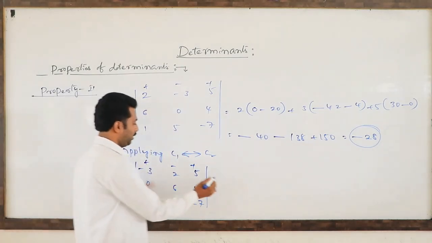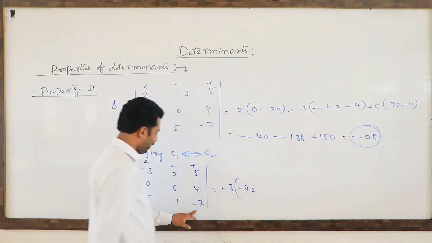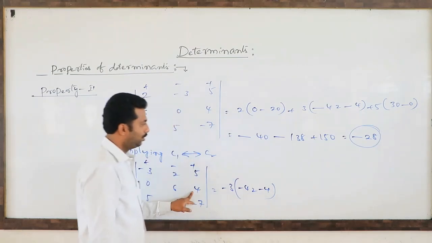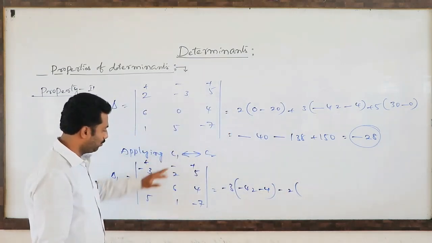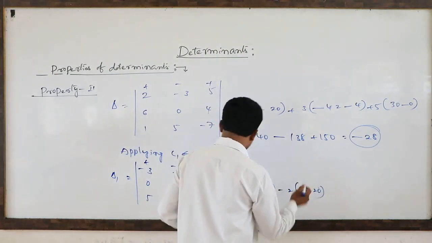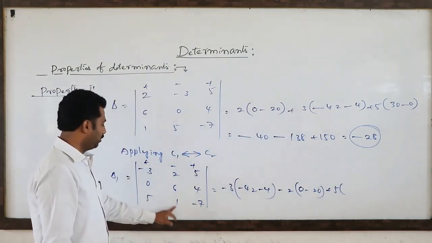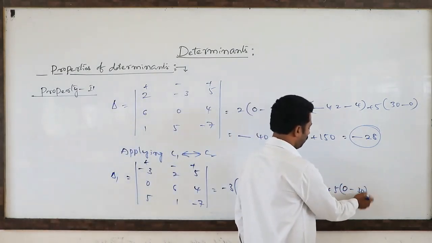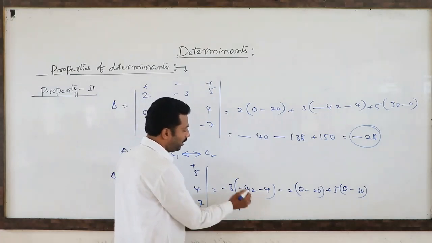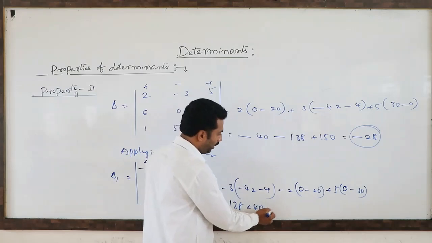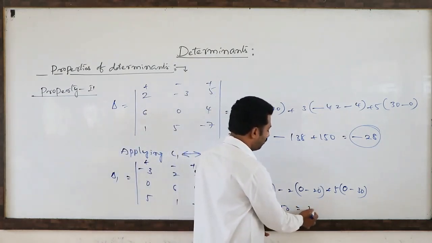Now observe: minus 3 into, you close this column and this row, minus 42; minus 2 into minus 20, plus 40; plus 5 into minus 30, minus 150. So 138 plus 40 minus 150, nothing but plus 28.